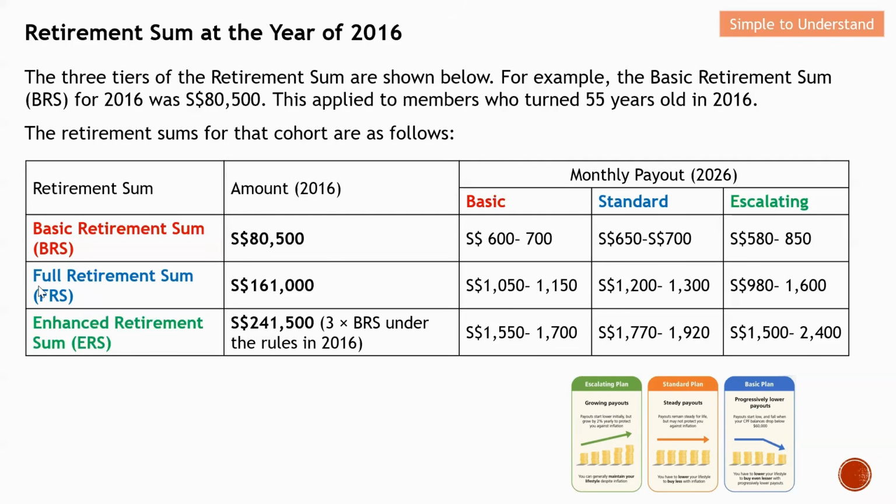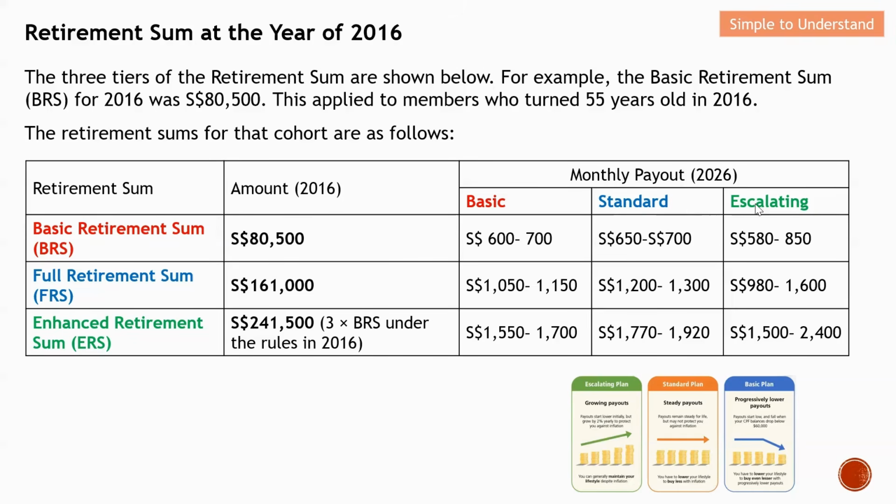Let's say I choose this BRS. In 2016, I choose this BRS, and over here you can see that I must allocate 80.5K into my RA account. Therefore, in 2026, I am able to receive a money payout from the different plans.